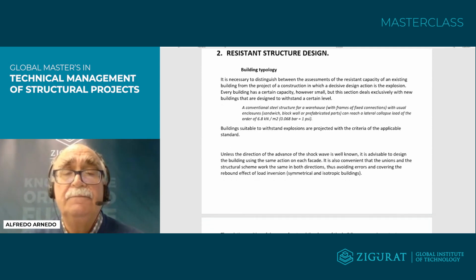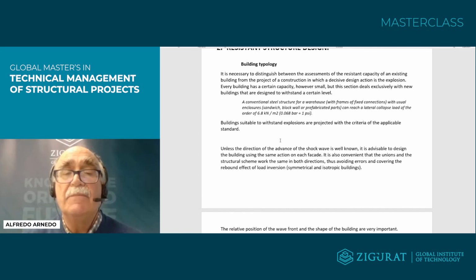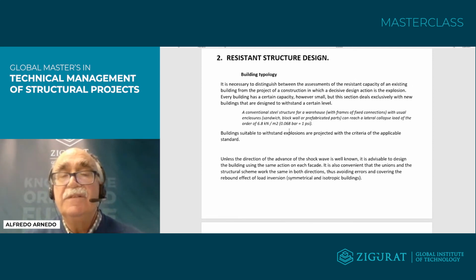Well, in this part, we are going to speak about the building topology. The building topology is very important to distinguish between the situation when we are dealing with an existing building, or we are doing a new design.